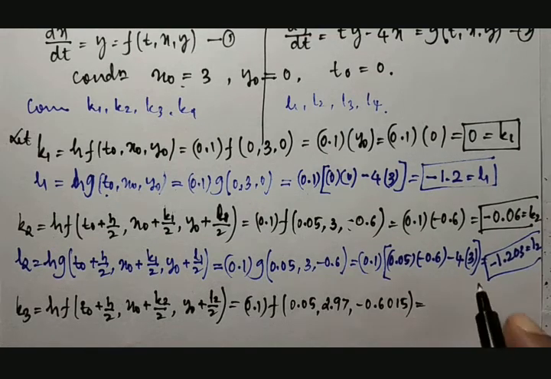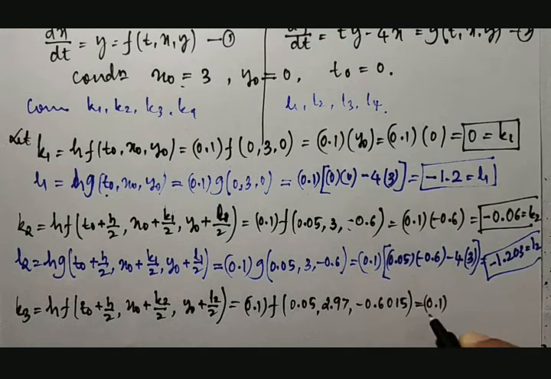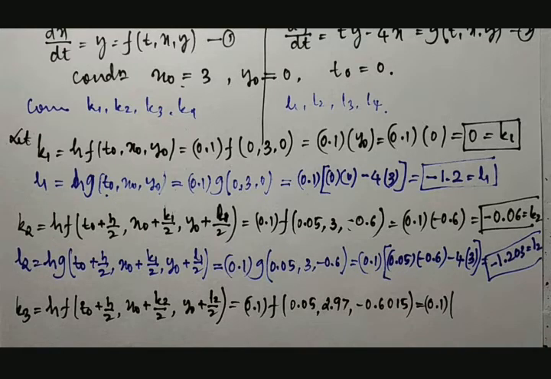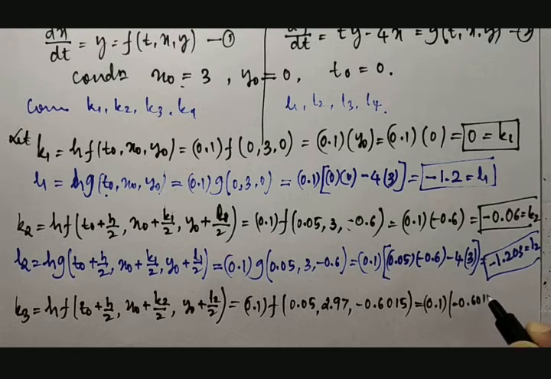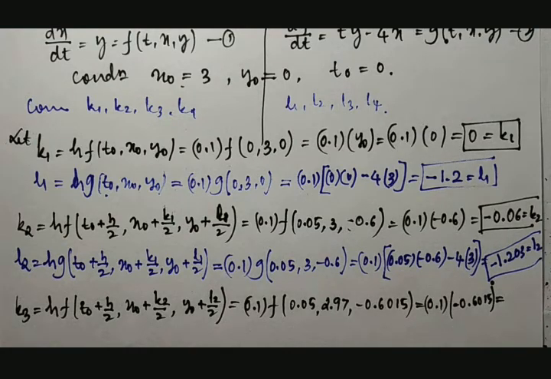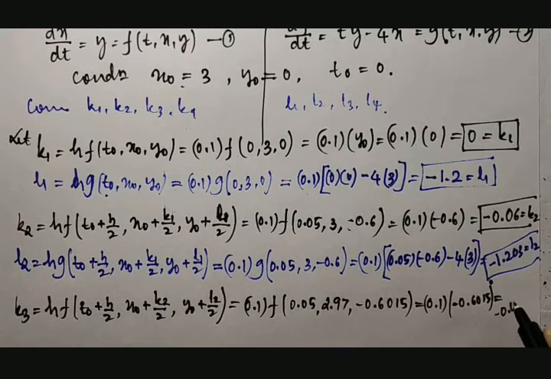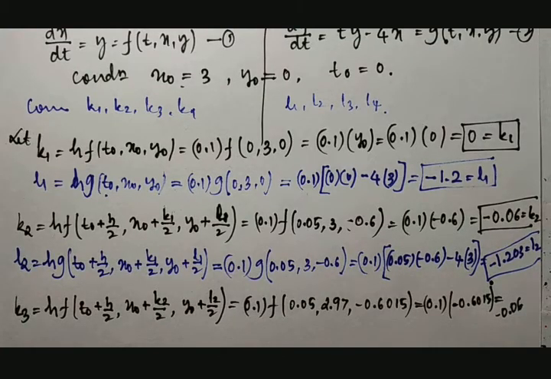Therefore, 0.1 into y value. Y is minus 0.6015. Clear? This is equal to K3 is equal to minus 0.06015.